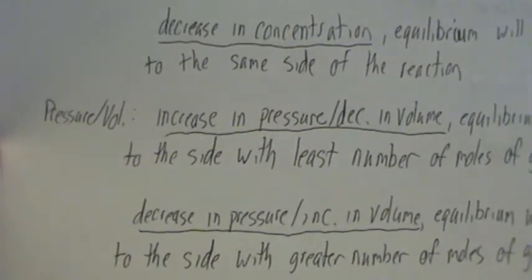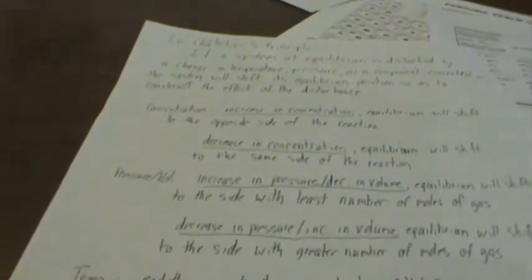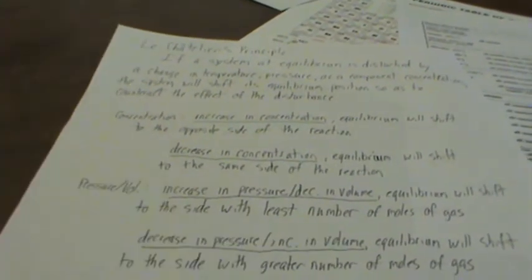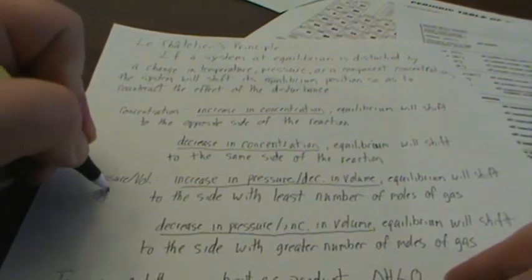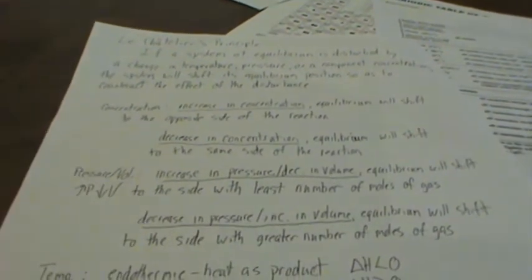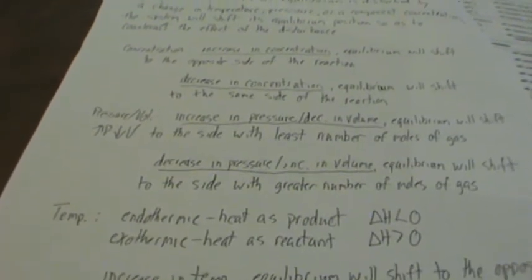Now the next one, pressure. Now along with pressure we have volume. And the reason why, if we go back to our gas chapter, we found that if we have an increase in pressure, volume will go down because they are inversely proportional to one another.